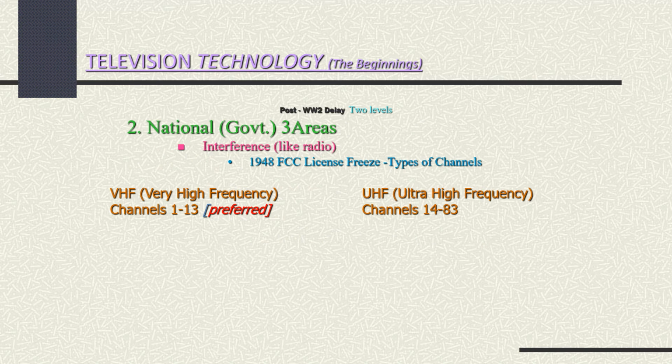What they had to figure out is how they were going to distribute the two different signals that were available to television systems. One was the VHF frequency, very high frequency.